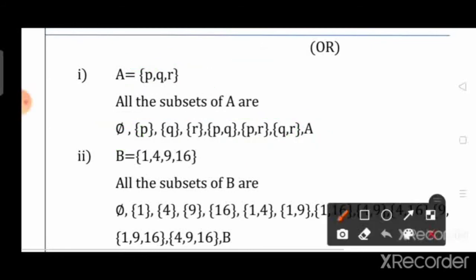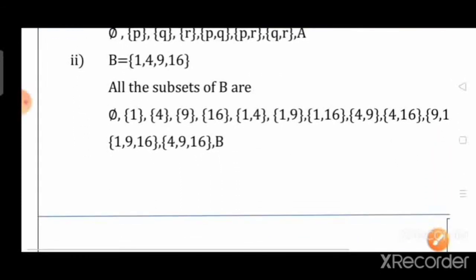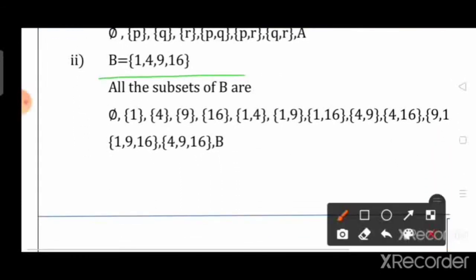Okay, next, set B: 1, 4, 9, 16. We have to write all the subsets of B. Just like in our previous sum, I told you phi is a subset of every set, and every set itself is a subset of that set. These two are important. We also write the individual elements as sets: {1}, {4}, {9}, {16}.